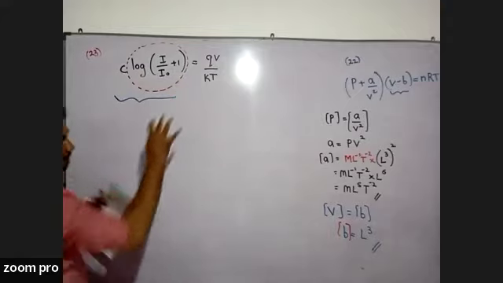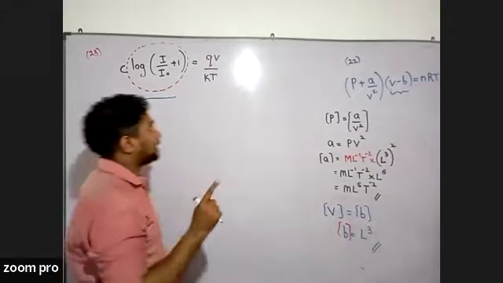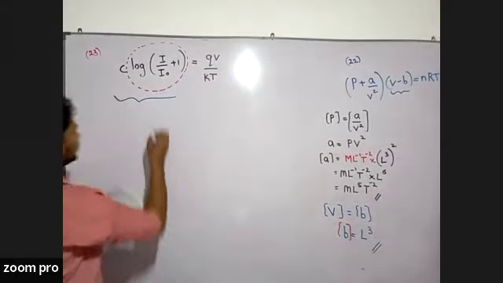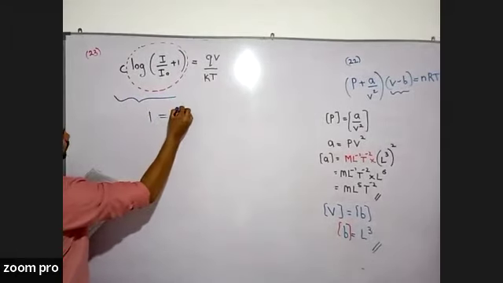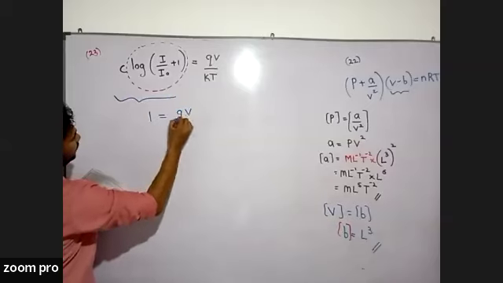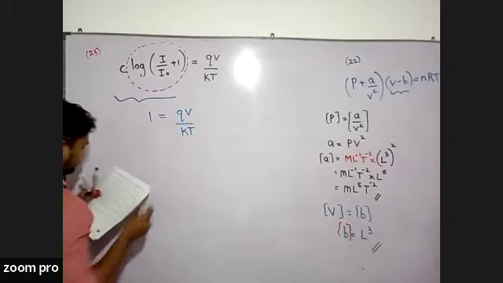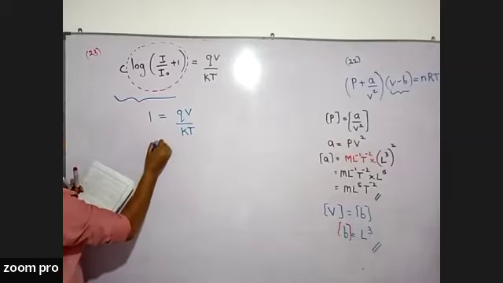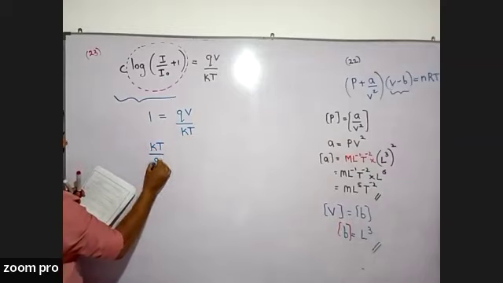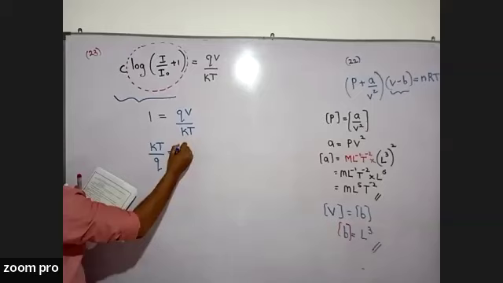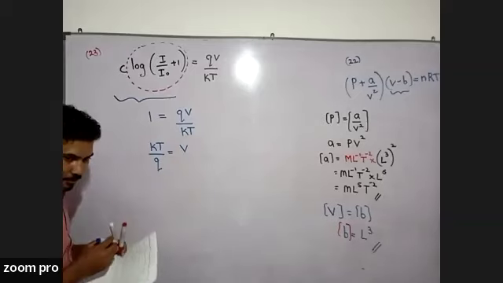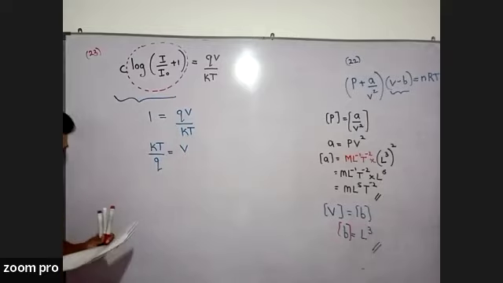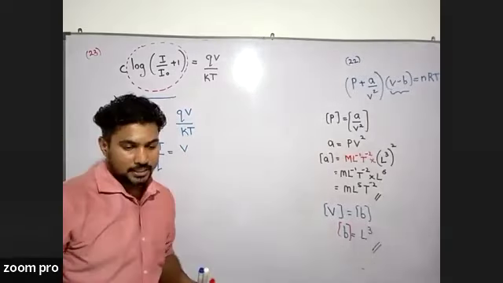If something is dimensionless, we represent it by putting 1. So then 1 equal QV over KT. Then if I obtain the asked expression, KT over Q equal to V. That means the dimensions of KT over Q equal voltage, right?